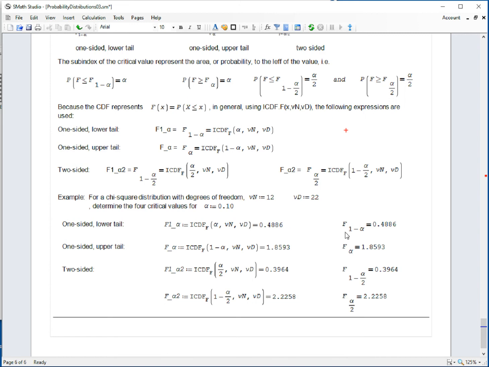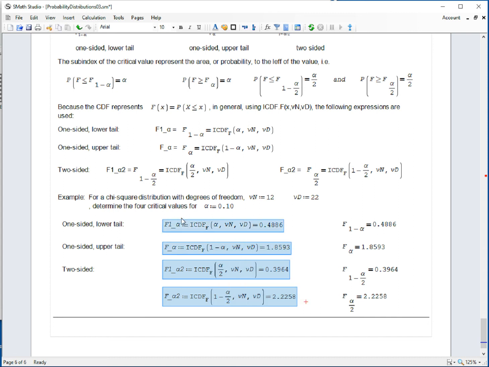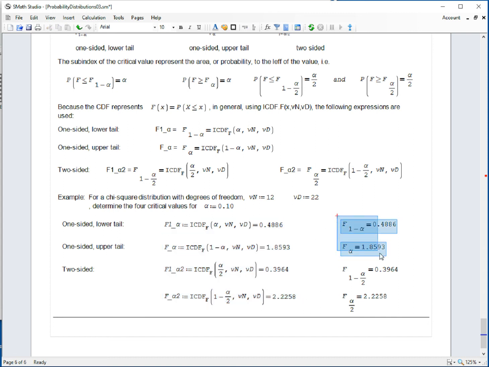And so let's say that we use our significance level of 0.10 corresponding to a level of confidence equal to 90%, and we have degrees of freedom of the numerator 12, degrees of freedom of the denominator 22. These are the formulas that we're going to use to obtain those particular values, which get interpreted like this.